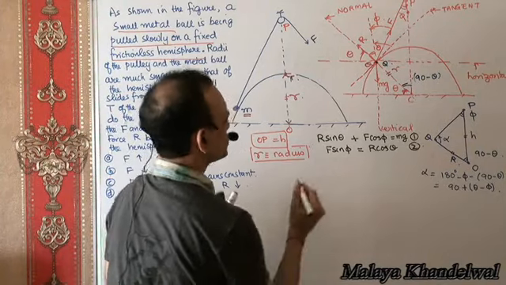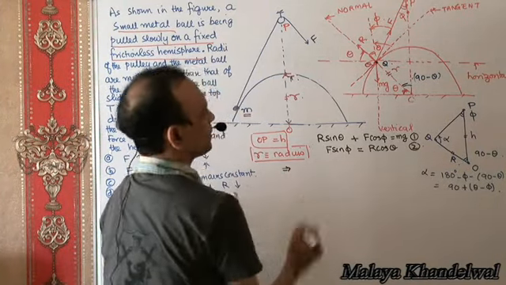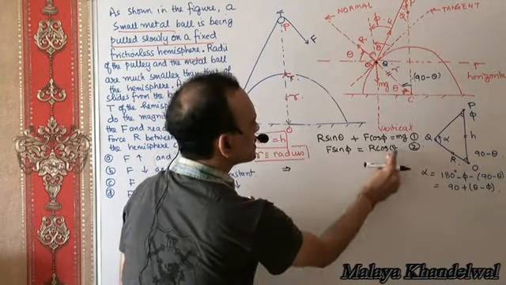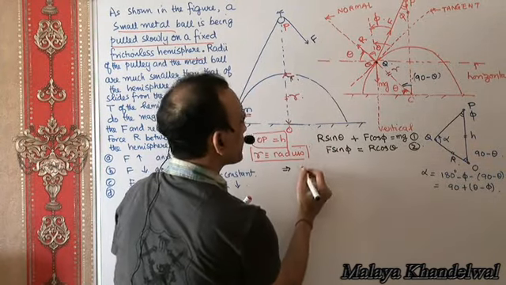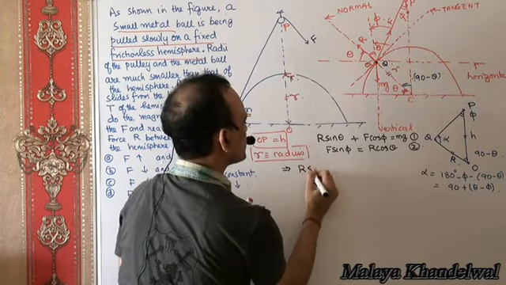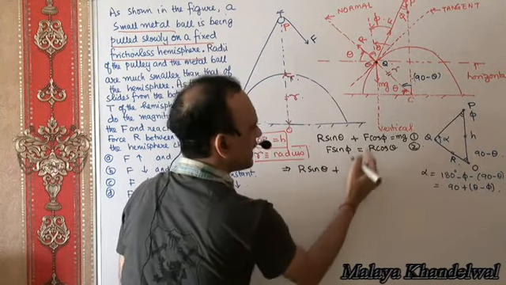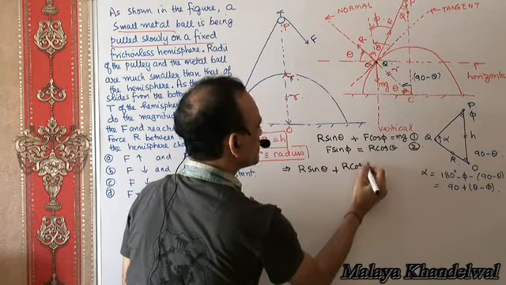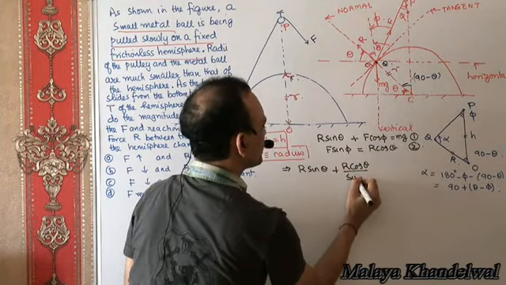So what I'll do here is write F as R cos theta by sin phi. So R sin theta plus F, which features here, I'll write as R cos theta by sin phi.